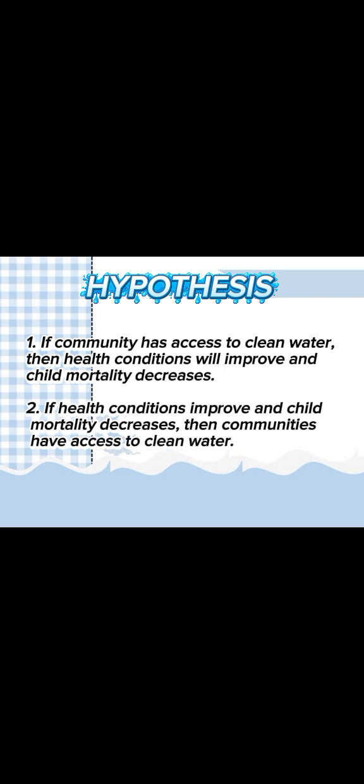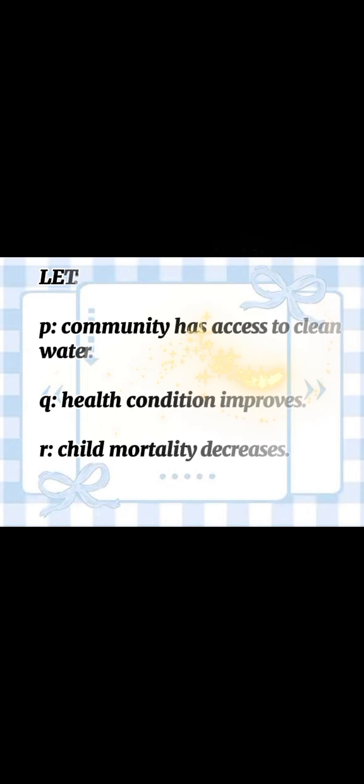Hypothesis number 2: if health condition improves and child mortality decreases, then communities have access to clean water. To solve this argument, let P be the communities have access to clean water, let Q be the health condition improves, and let R be the child mortality decreases.